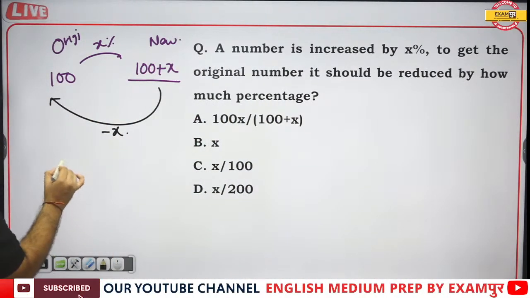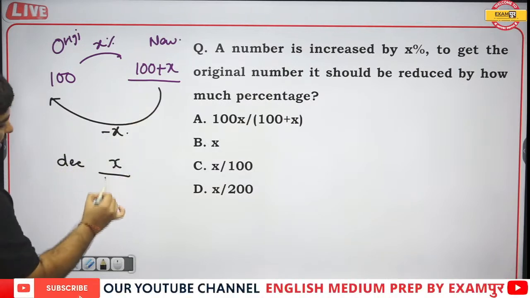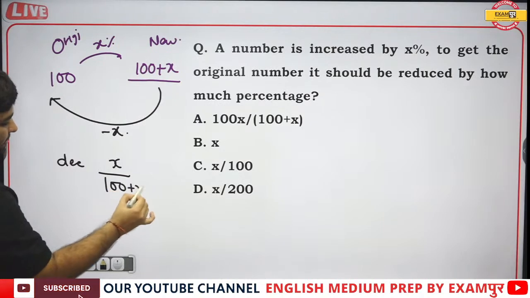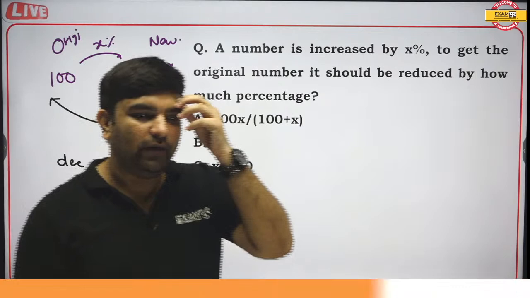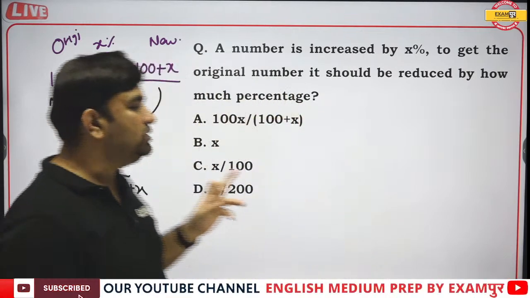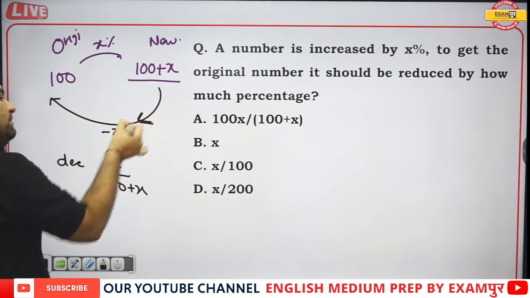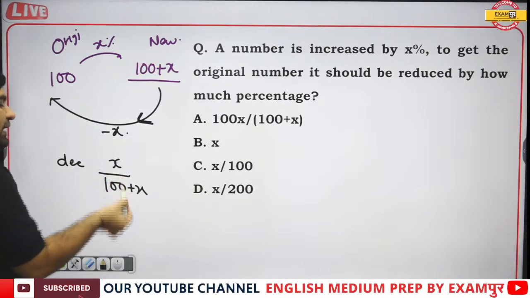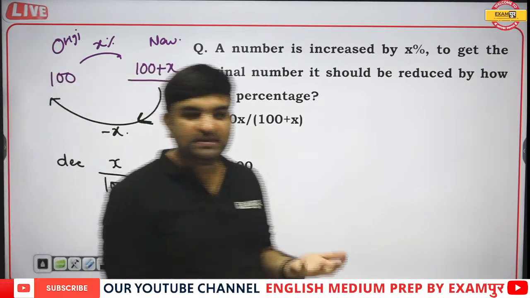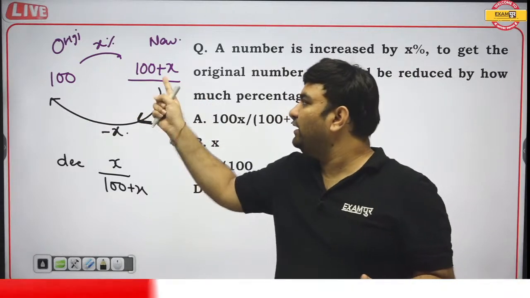So there is a decrement of X over the value of 100 plus X. Because you are decreasing which number? You are decreasing the new number. So the decrement of X should be taken over its present status. You are not decreasing the original, you are decreasing this.